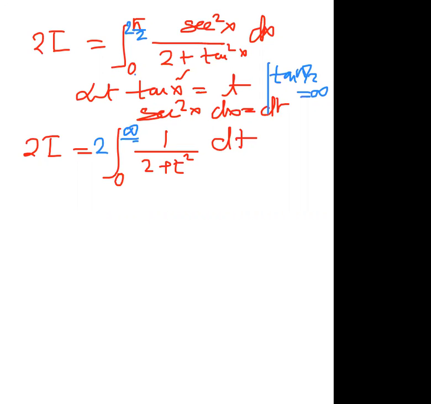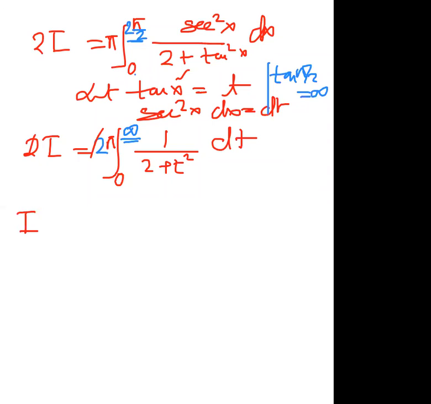This thing you need to remember from this concept. 0 to 2a I have converted, and then it became 2 times the integral from 0 to infinity now. One thing I forgot to write, that I'm writing now: pi was over here in the previous step. 2 and 2 will get cancelled.